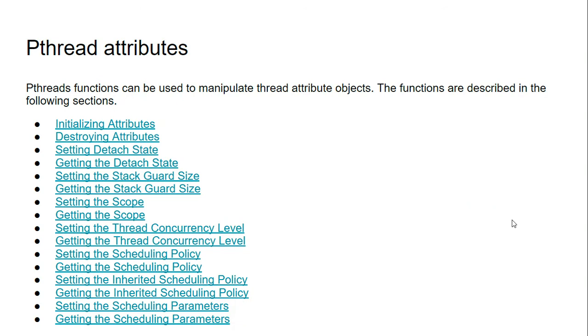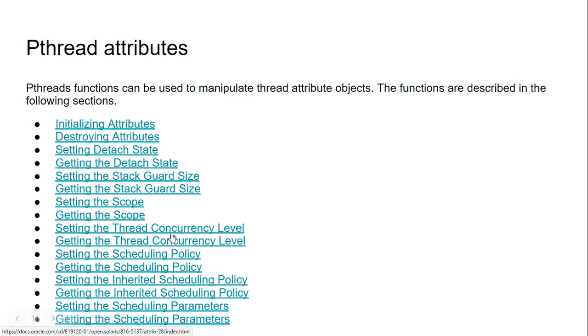Okay, friends, now see the pthread attributes. So pthread attributes are basically the attributes that are used for controlling the thread. There are various properties of the thread that you can change. The default properties of the threads you can change. You can read the properties, you can write the properties, like thread concurrency level.